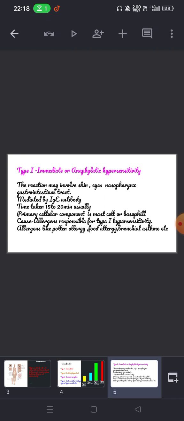The primary cellular component is mast cells or basophil cells, and allergens are responsible for type 1 hypersensitivity. Allergens like pollen allergy, food allergy, or bronchial asthma, etc.